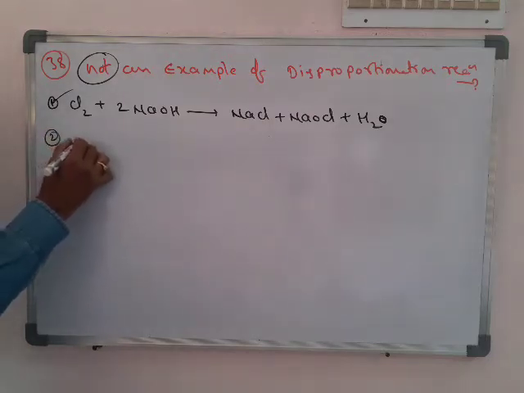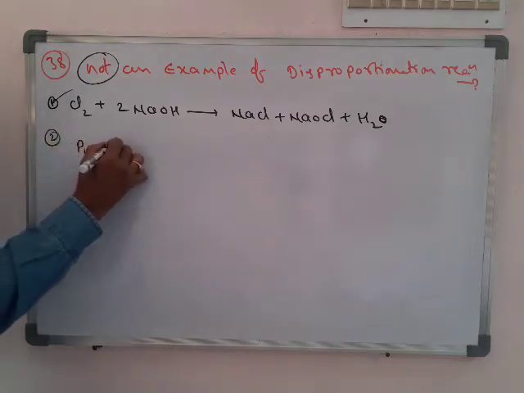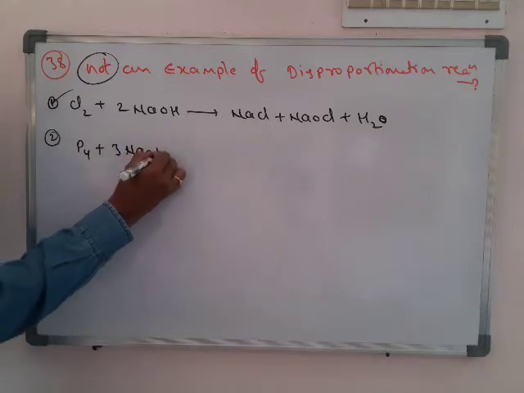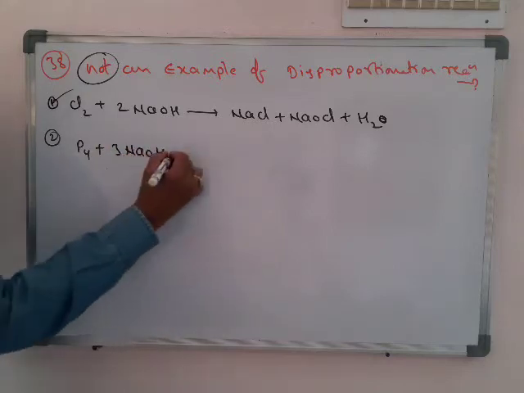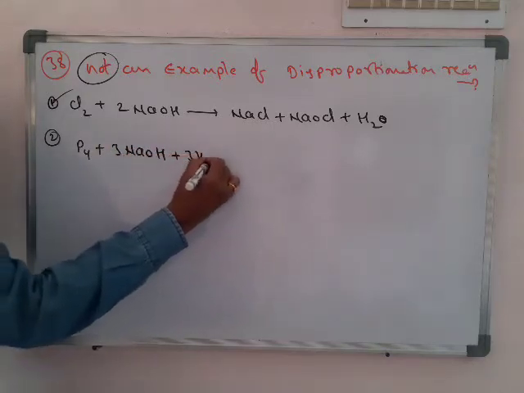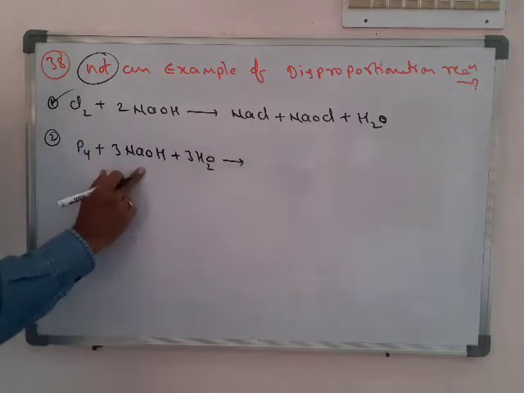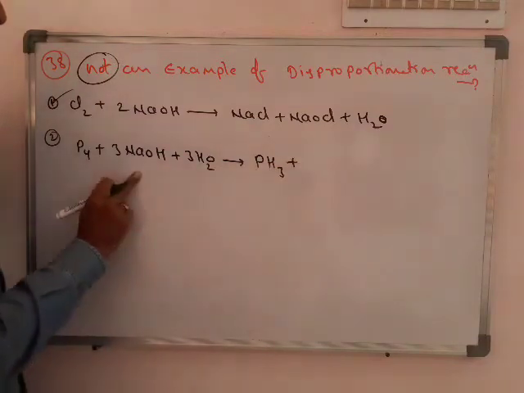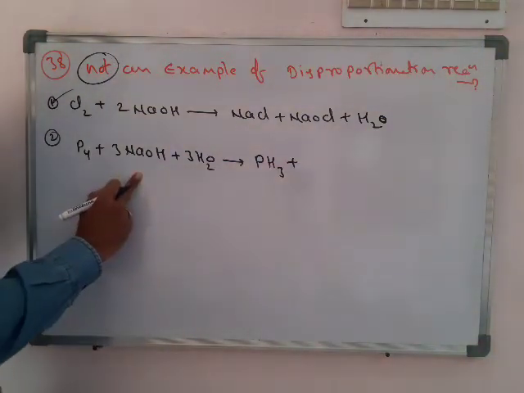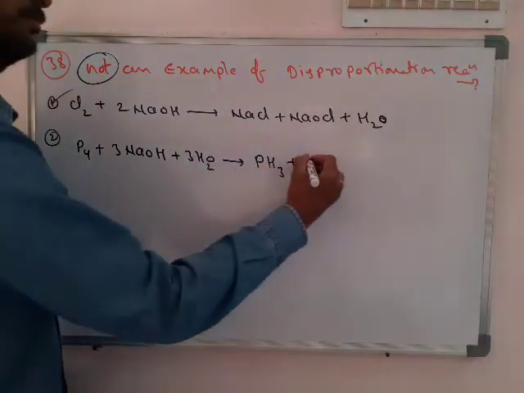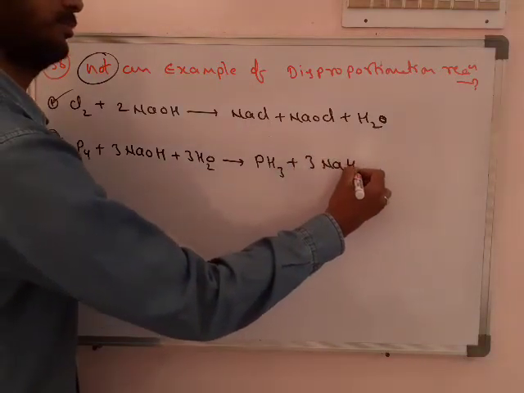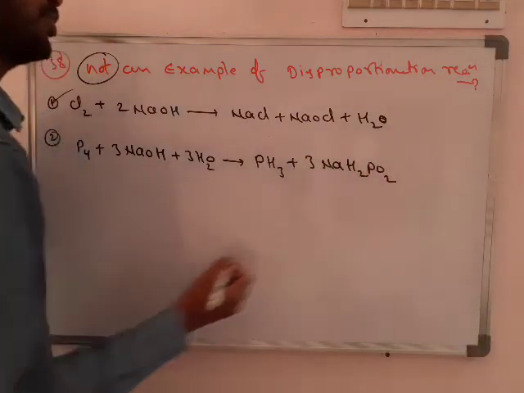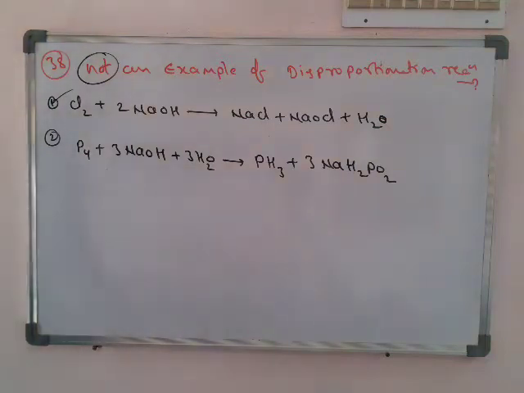See the second option. Given that P4, white phosphorus, reacts with caustic soda. Caustic soda means sodium hydroxide. I think it is also a disproportionation reaction.